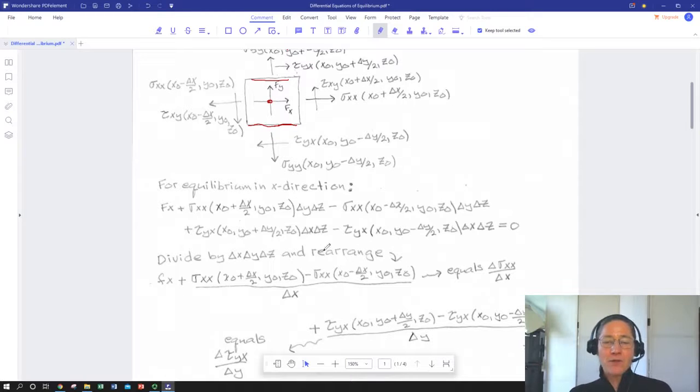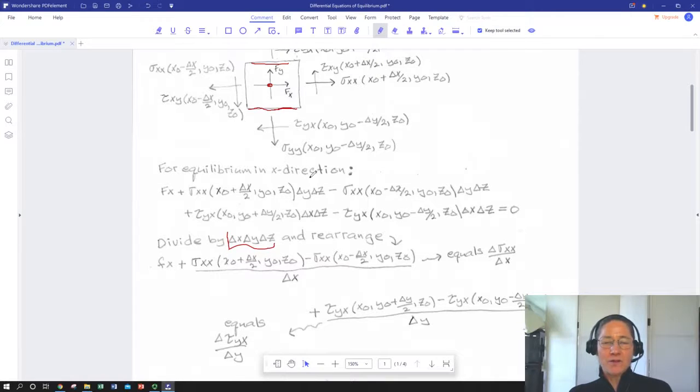If we rearrange this and divide by the volume, because everything here has some portion of that volume contained within it, notice everything here is delta y, delta z, and here we have just some delta x, delta z.